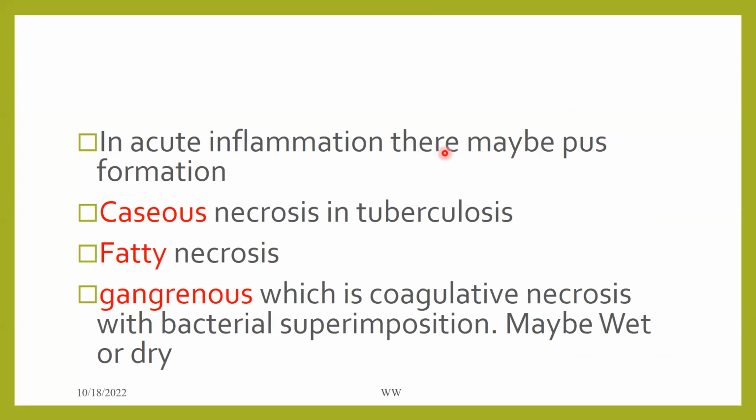In TB, tuberculosis infections, the material is thick and cheese-like, like Greek, what do we call it? The Greek cheese, and it appears caseous, and caseous means that it's cheese-like.